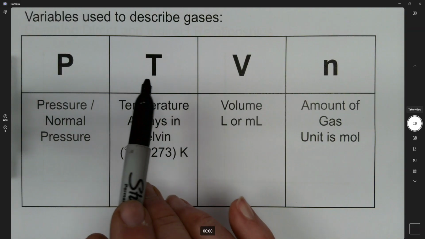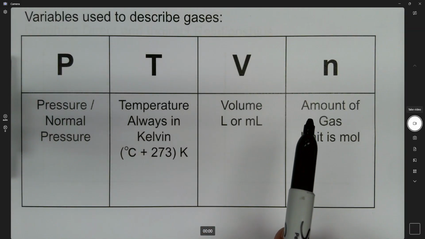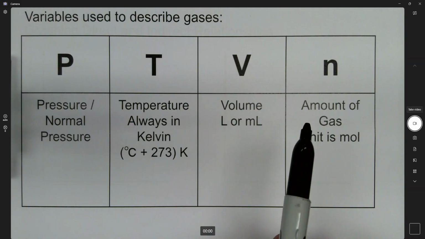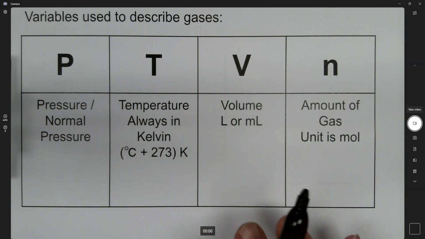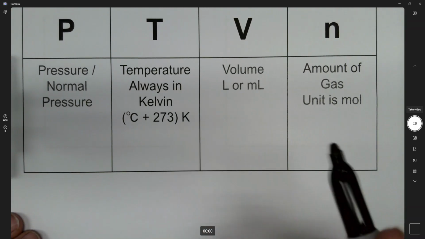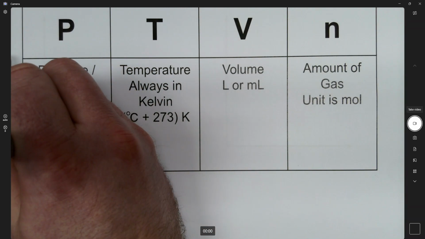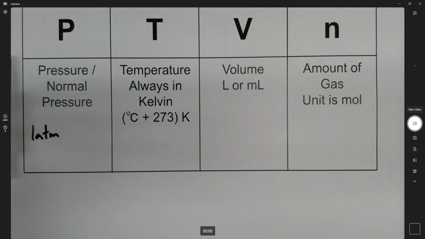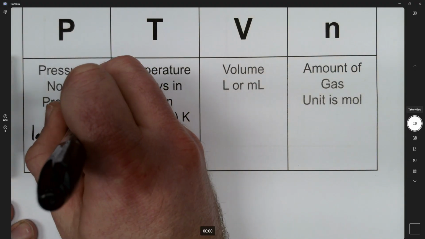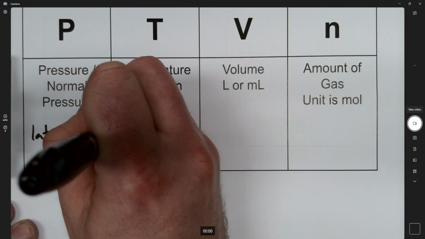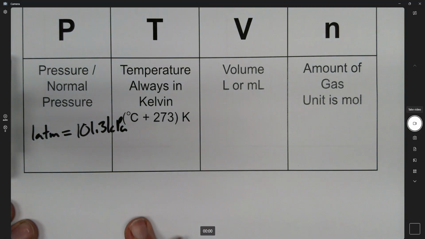So, these should be familiar to you. We just saw them on our table at the end of our gas stations. The four main variables that we're going to deal with in all of our ideal gas laws. P stands for pressure, specifically normal pressure. When I'm talking about normal pressure, I'm talking usually about 1 atmosphere. We've been taught multiple ways to read standard pressure. We can also read it as 101.3 kilopascals.